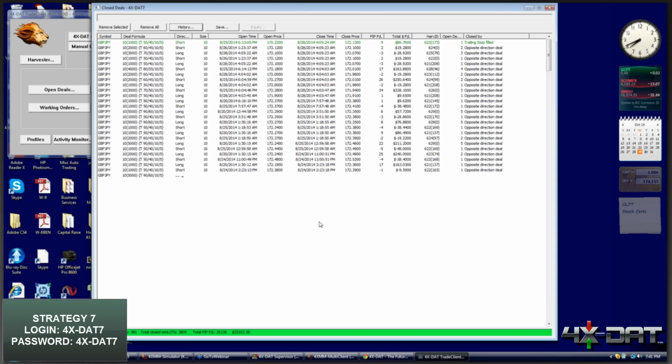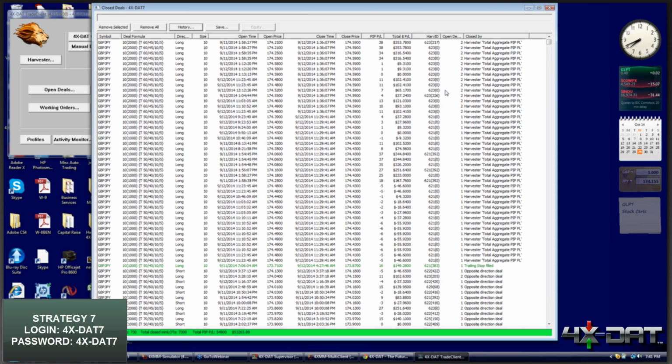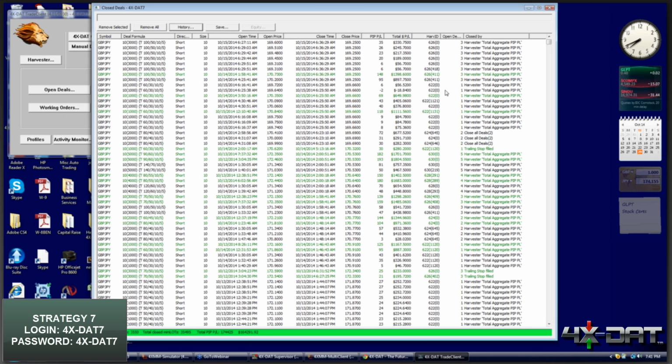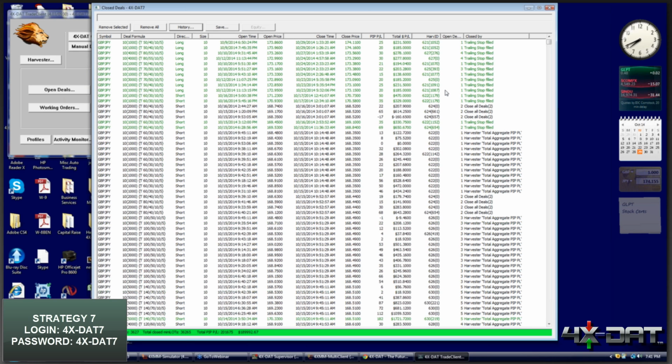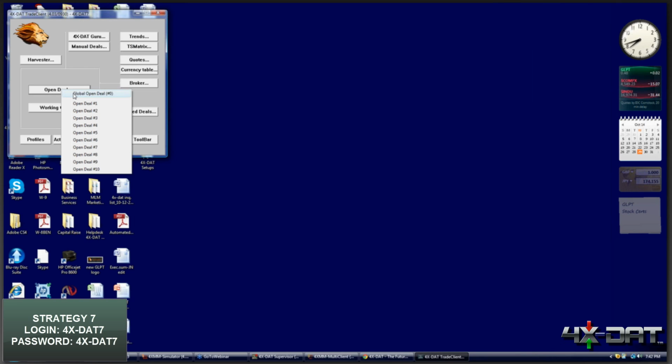It will try to scalp the market, but the problem scalping a market in a trending environment is that you're scalping in the direction of the market, leaving all the opposite trades unattended or unprotected, and the market is running away from those trades, and they become hopeless losers, as we can see in the open deals over here.